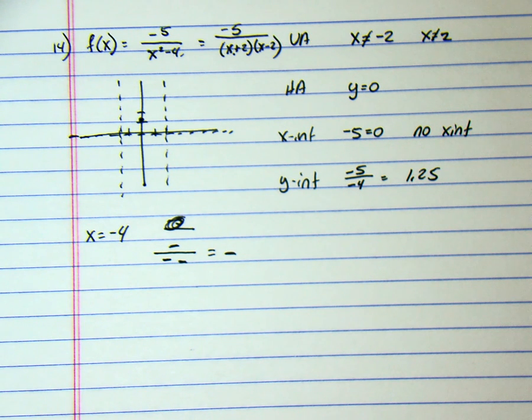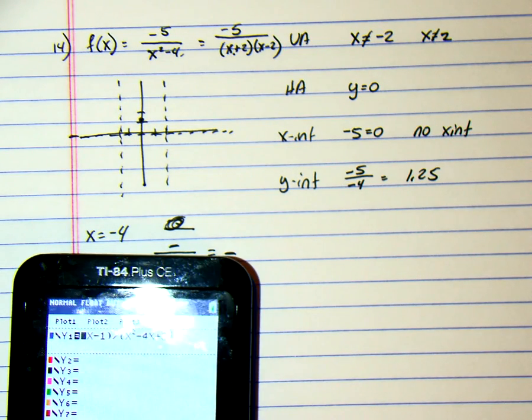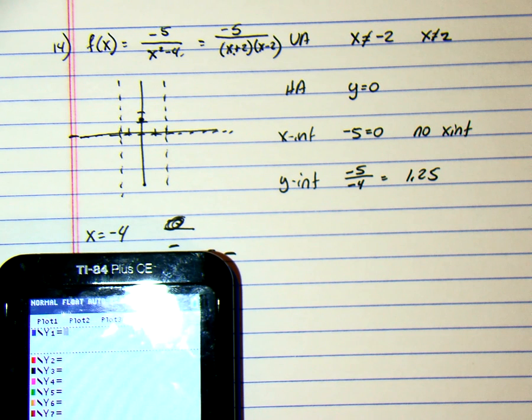It would be more helpful if my y-intercept was negative, but I know my y-intercept is not negative, it's positive, because it's -5 over -4. Alright, so let's use the tools.